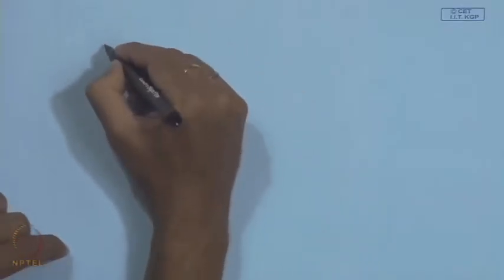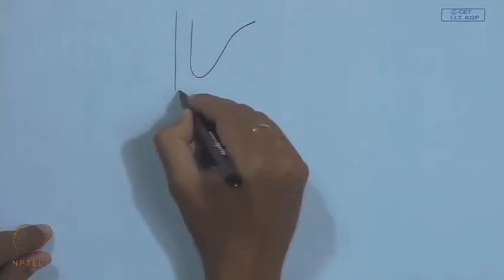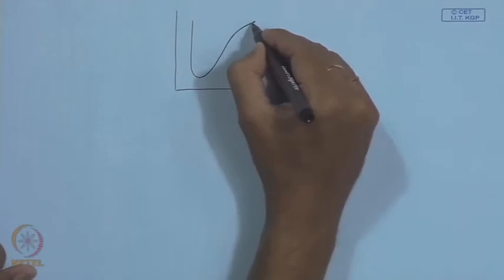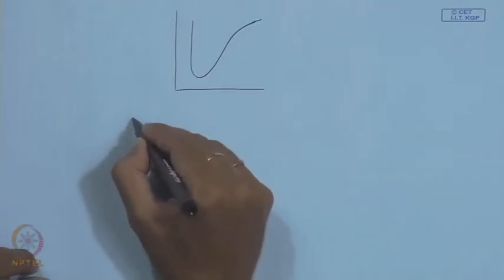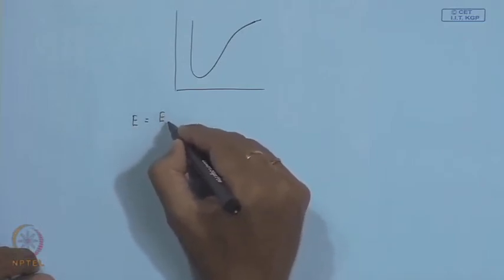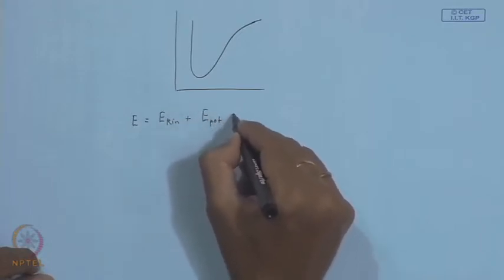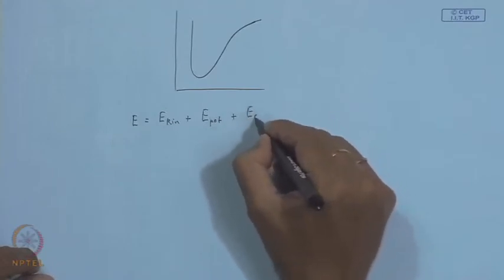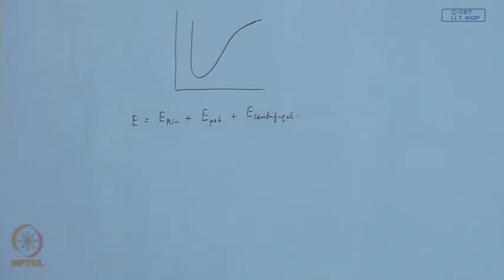If you consult a standard classical mechanics textbook for such a system, where the potential energy has this type of form, you will find that E will have 3 components: E kinetic plus E potential plus E centrifugal. That is why the term centrifugal barrier has been introduced.